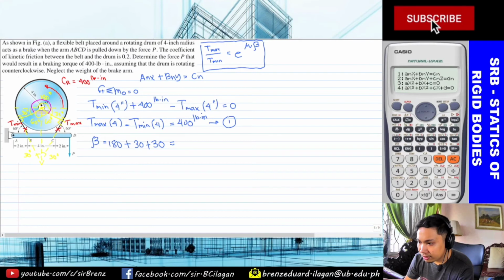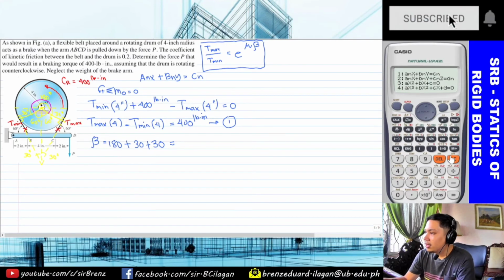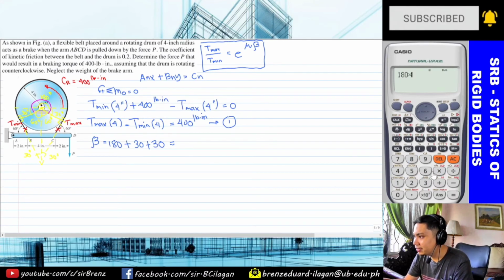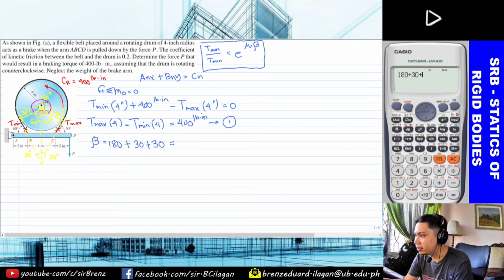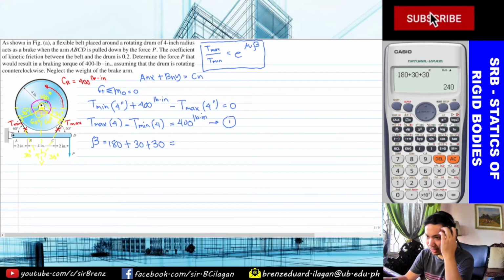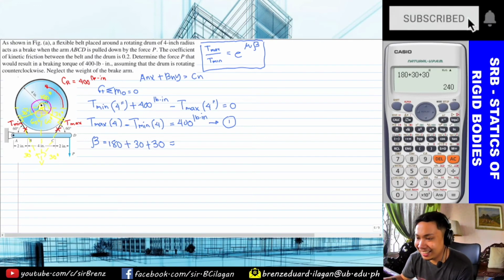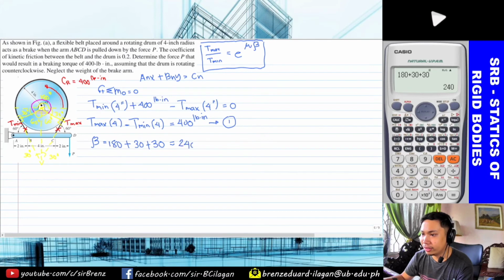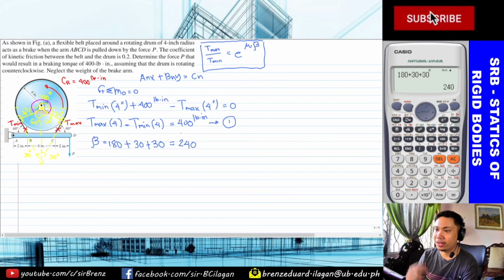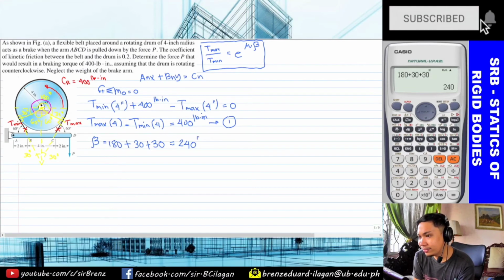That will be equal to 240. We do it this way to be sure: plus 30 plus 30 or plus 60. It's normal in engineering: with simple additions we get confused, while with complicated numbers we don't make mistakes. 240 degrees. So, let's convert it to radians.